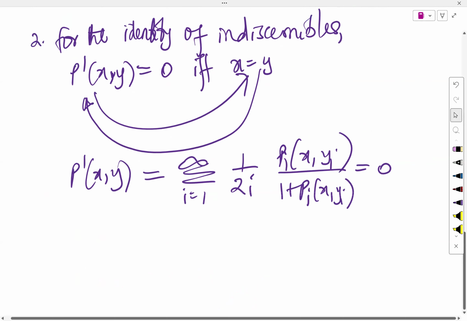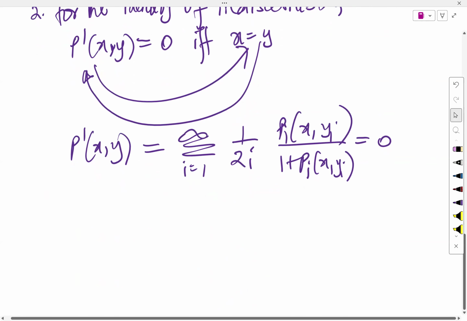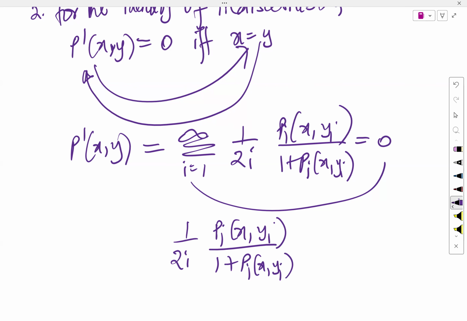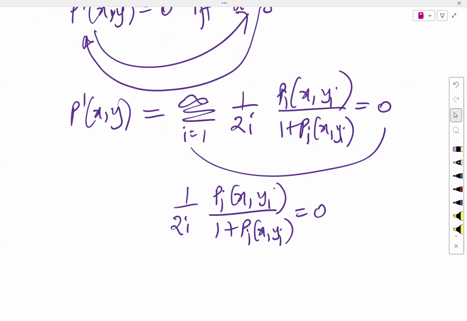If we take it this way, for this to be 0, it means we are simply saying that 1 over 2^i, p_i of x comma y_i all over 1 plus p_i of x comma y_i is equal to 0. That's what that simply means, right?